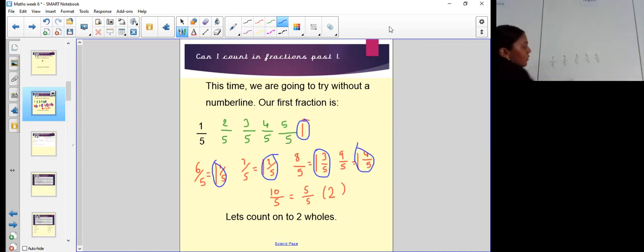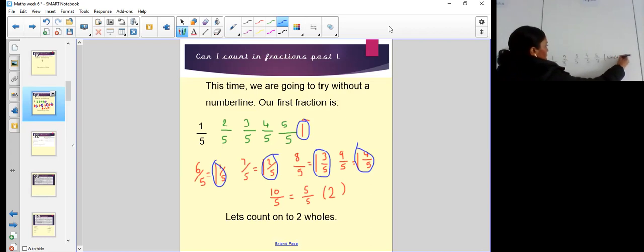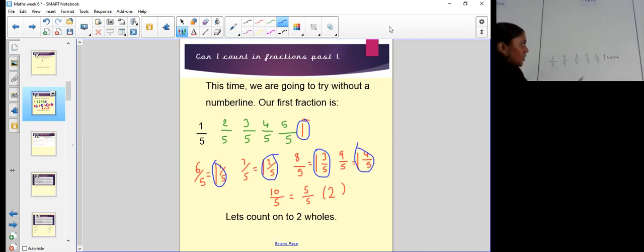Because it's out of 5 and we've reached 5/5, 5/5 is the same as 1 whole. But the question is actually asking us to go up to 2 wholes. So after 5/5, we would go 6/5, then 7/5, 8/5, 9/5, 10/5, which is the same as 2 wholes.